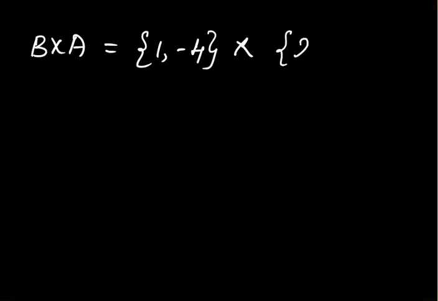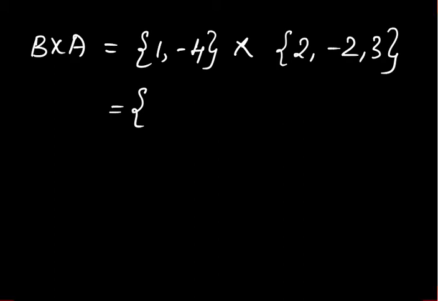Next we need to find B cross A. Write B cross A is equal to, the value of B is 1 comma minus 4 cross A value is 2 minus 2 comma 3. Start with the first element, open the flower bracket.